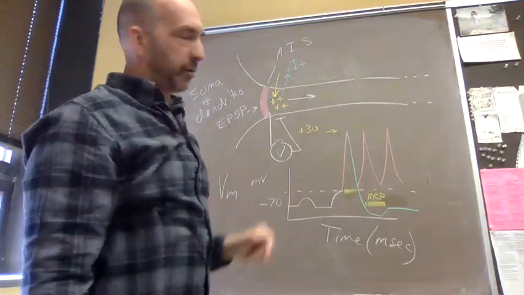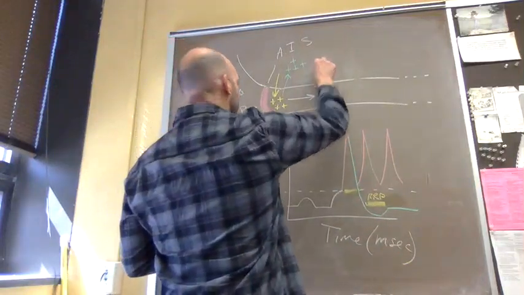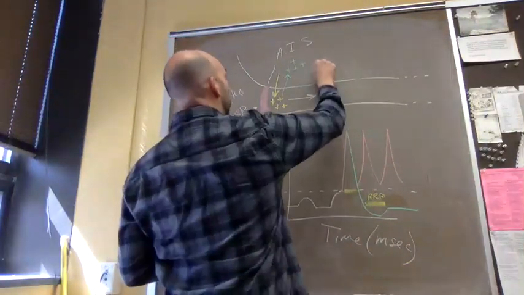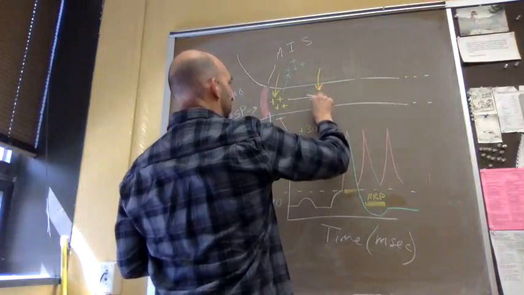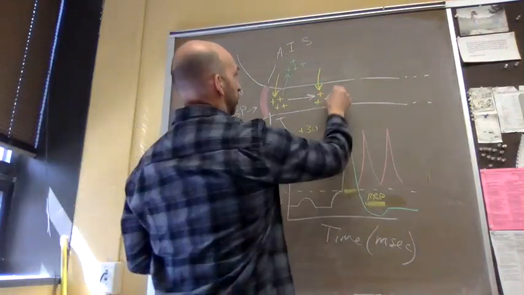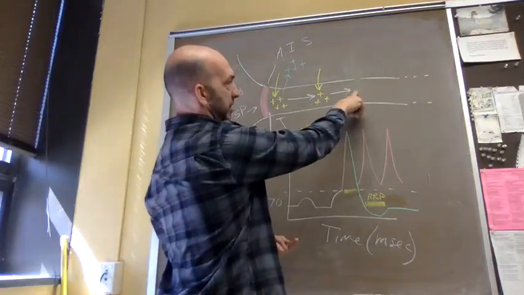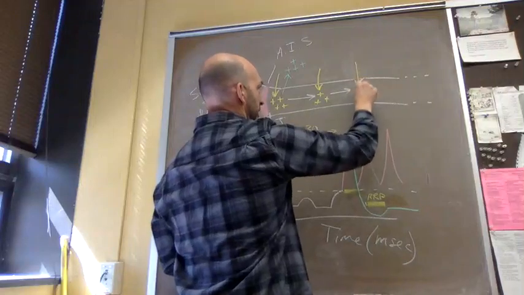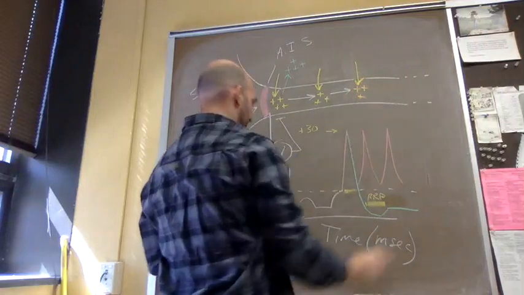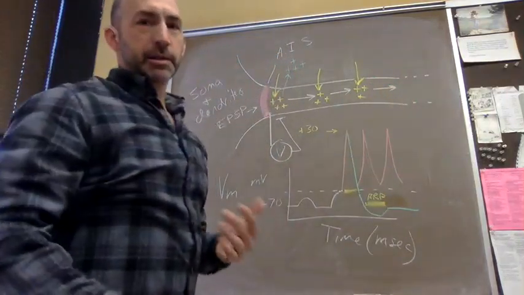Some of that will go forward down the axon, and stimulate the opening of the next set of voltage-gated channels, which will lead to electrotonic current, which depolarizes the next segment of the membrane where we have new sodium channels and potassium channels, which generates electrotonic current, right? And that's called continuous propagation.